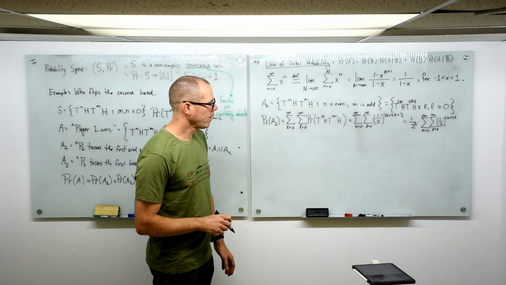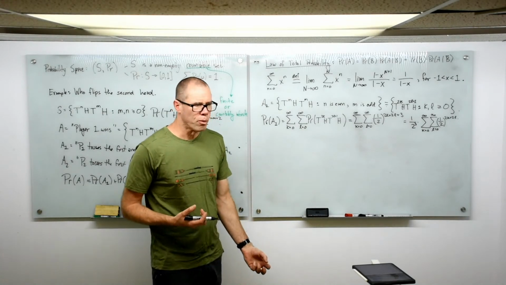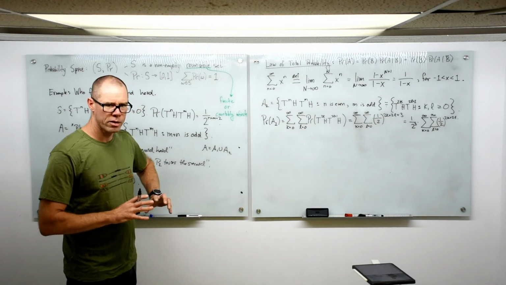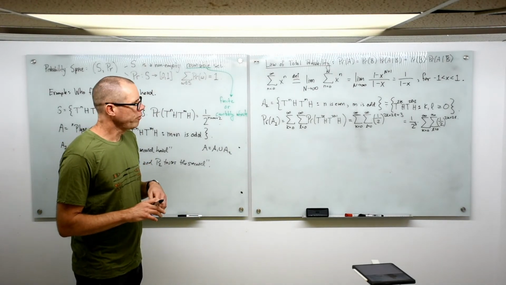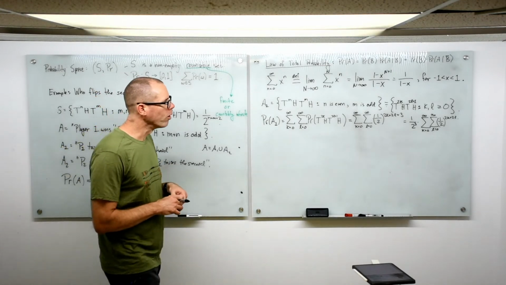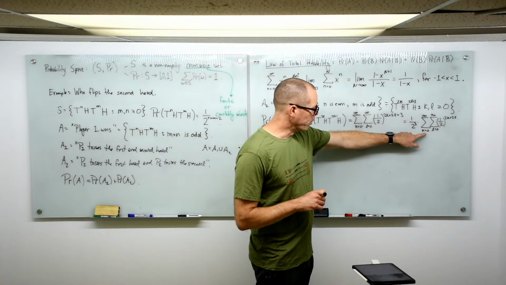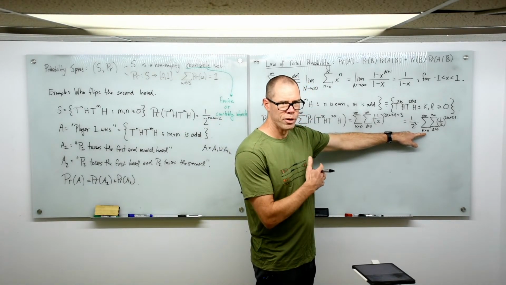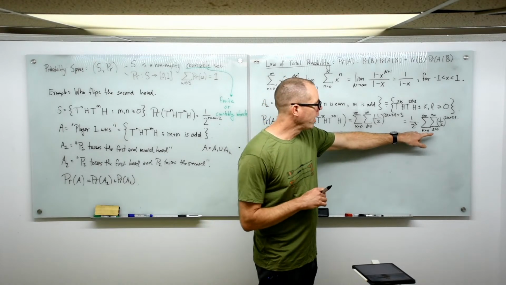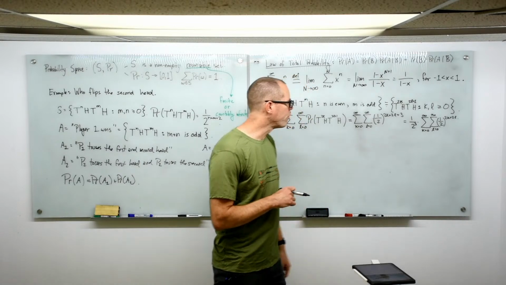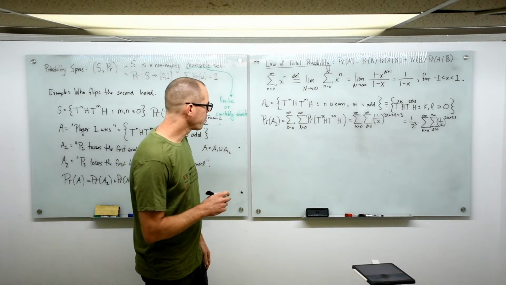Now, if you're not used to working with sums that much, this double sum may seem scary. If you're better at programming, it's easier to think of this in terms of two for loops. There's an outer for loop that runs over all the values of k, and there's an inner for loop that runs through all the values of l.